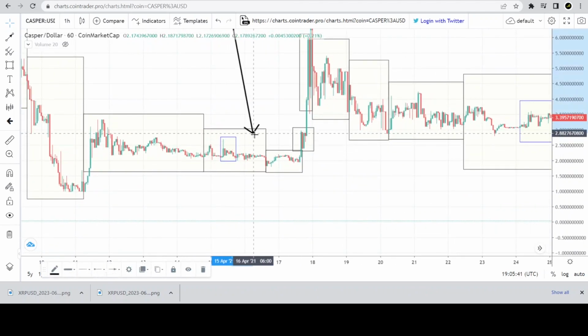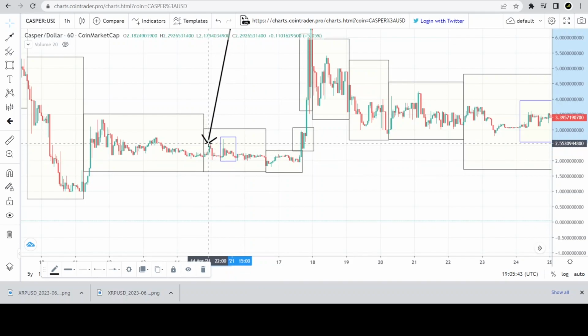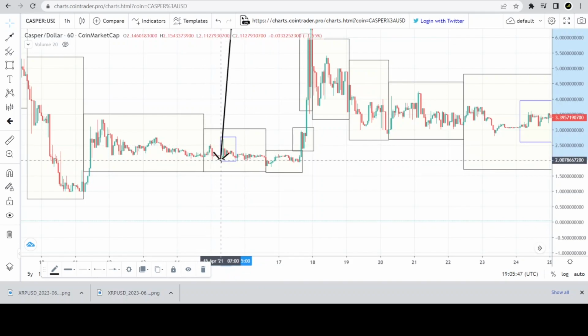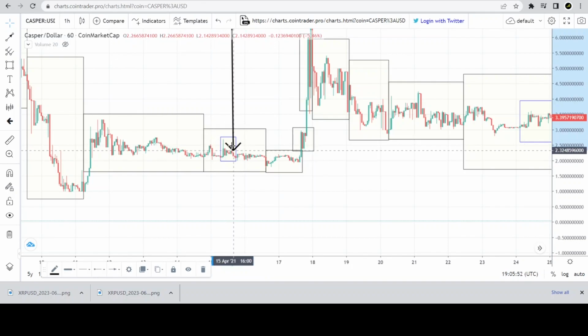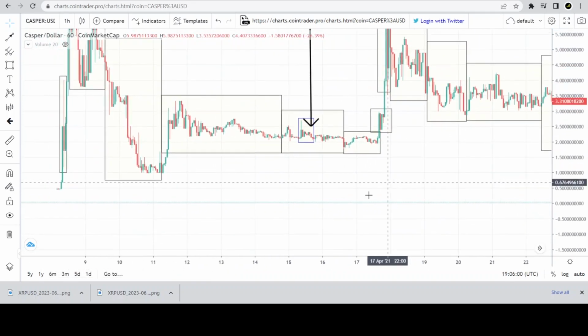In this structure, it starts with a move up, it drops, it goes flat for the most part, it moves back up again, and it winds its way down to a point. I believe we have, for the most part, come to the completion of this. There might be a little bit left in it.